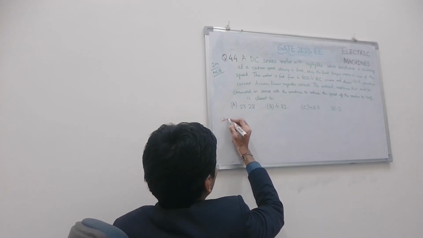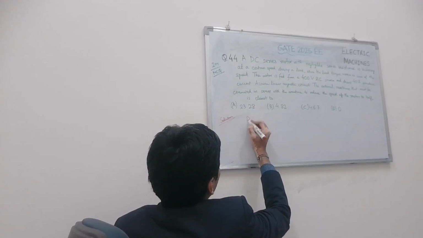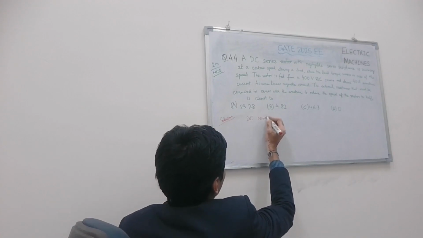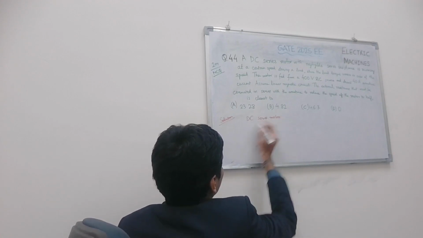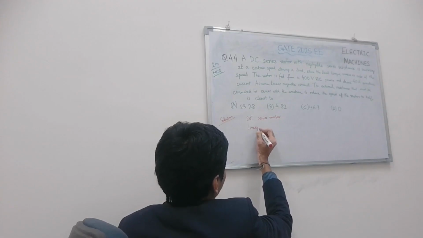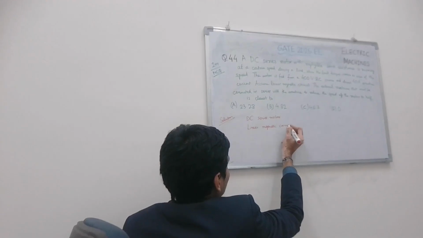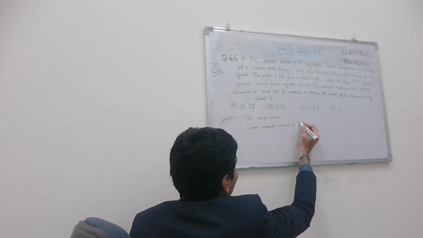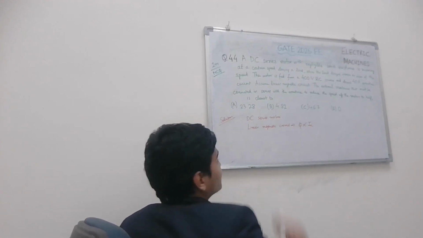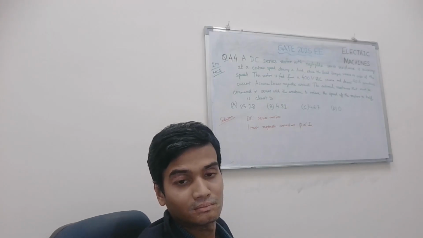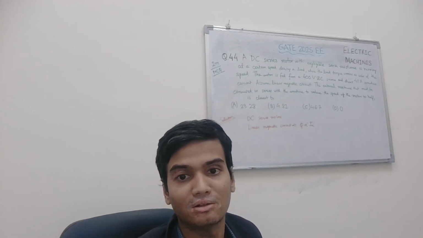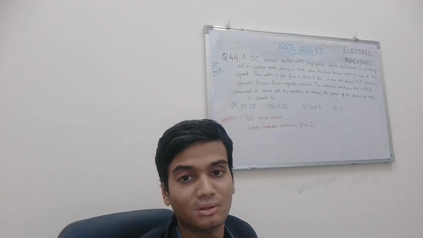Let's move to the solution to this question. So basically DC series motor with linear magnetic circuit. What do we have? Phi is proportional to armature current Ia, for linear magnetic circuit for DC series motor.